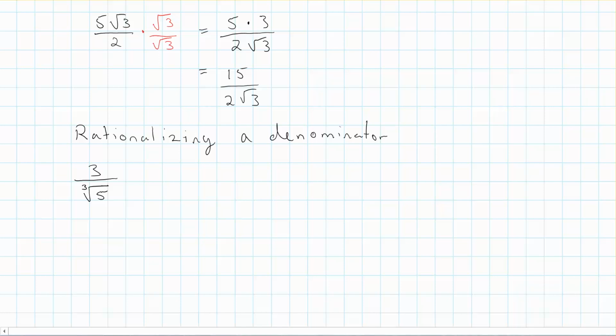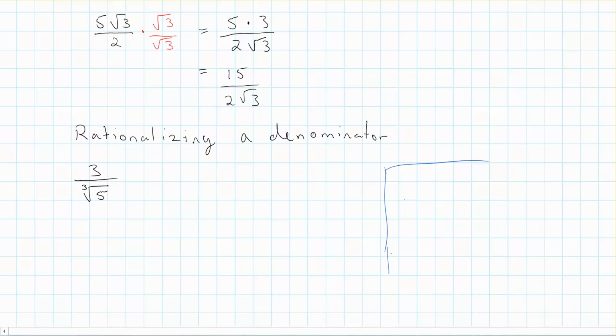So what do I need to multiply by here? Well, let's take a little aside over here. I'm going to put it over here. And what do we know here? Well, I could, of course, use a calculator to do the cube root of 5, but that's not the point here. I wanted to figure out what this is.